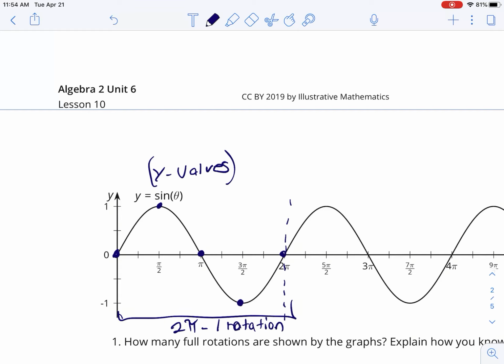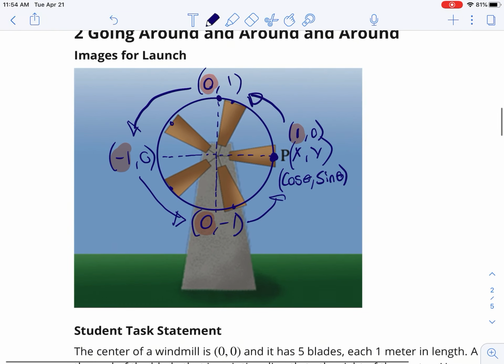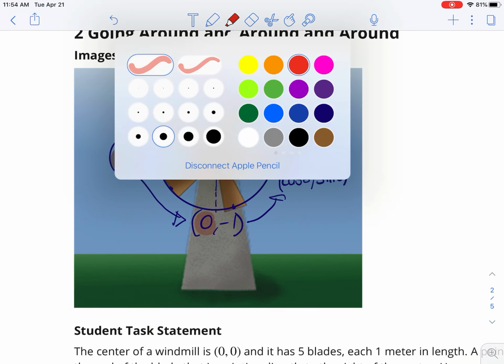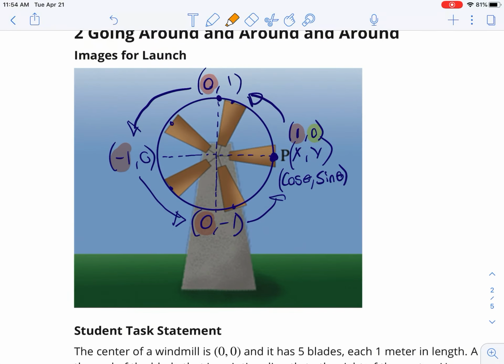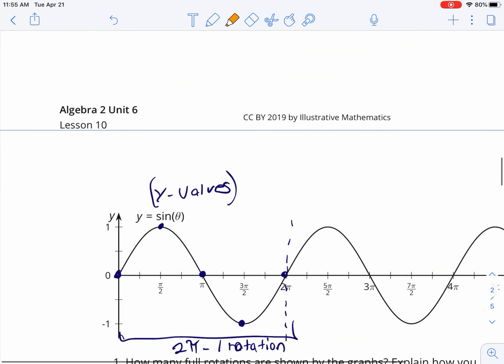Okay, and then as we go, we're going to take a look at our y values now. So with our y values, when you're taking a look at these, we start at 0, then go to 1, then go to 0, -1, 0. If you guys are looking at sine, 0, 1, 0, -1, 0. So it actually works out that same exact way.